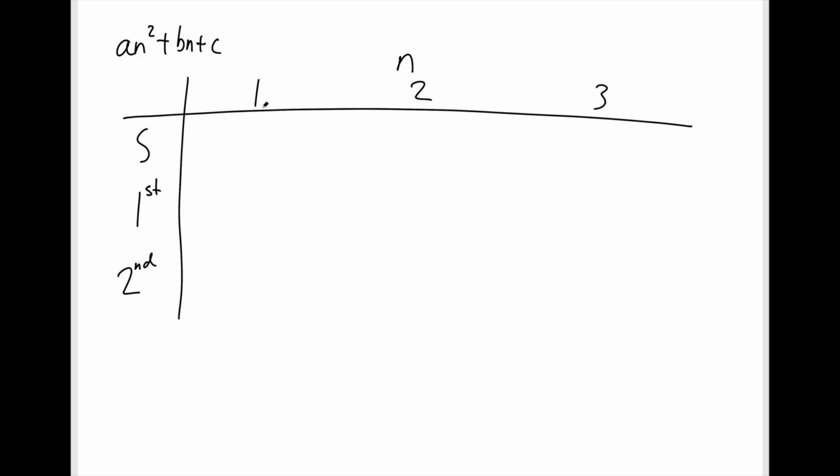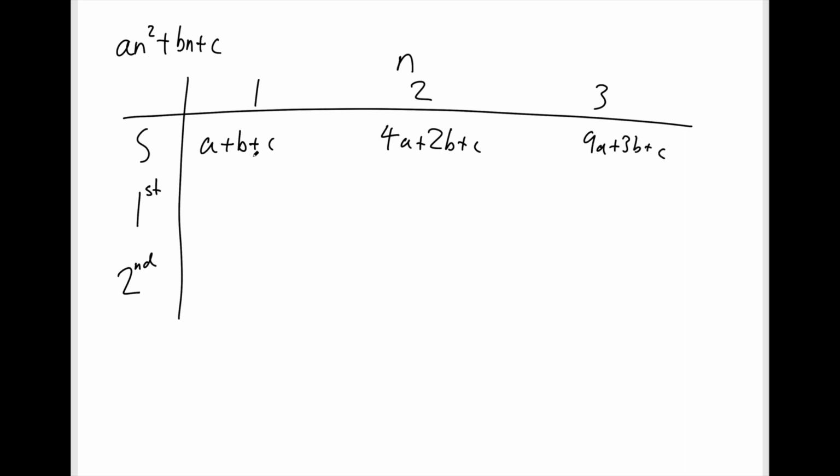We can actually just plug these in, right? So when n equals 1, this is a plus b plus c. And for the second term, that's going to be 2 squared, which is 4, so it's 4a plus 2b plus c. And the third one is 9a plus 3b plus c.